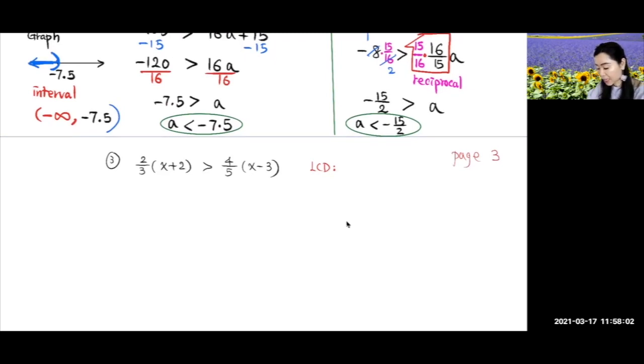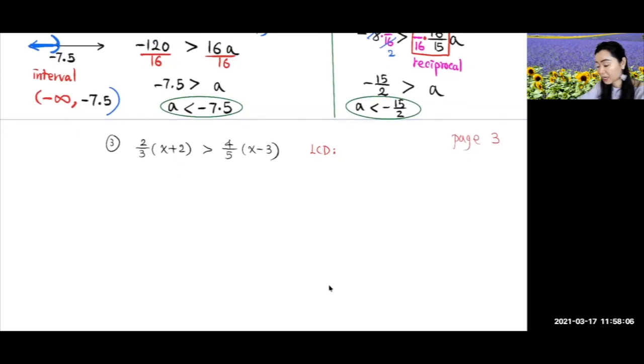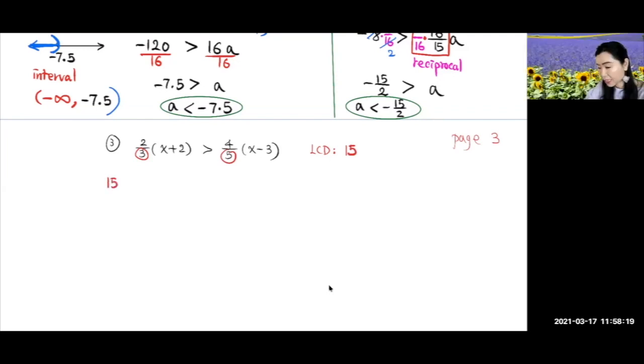Now the next one. This one here, we like to get rid of the denominator by multiplying both sides by the LCD, which is what? What's the LCD of this? 15. Yes. So we're going to times 15 on both sides.